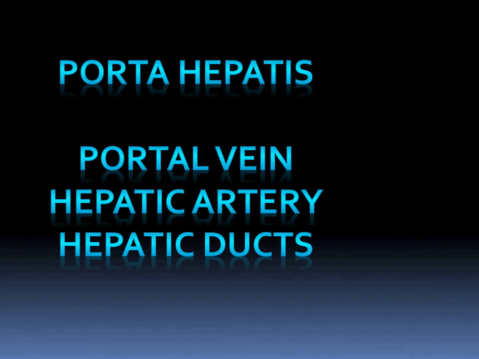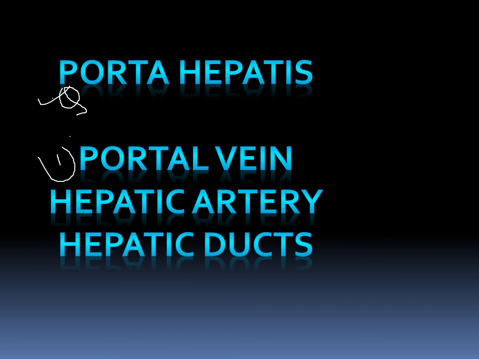Now, another very important part that we have to study is the porta hepatis. Already we have discussed the structure of the porta hepatis, but in this slide we are going to deal with something more, because this is an area from where questions are mostly asked. Point number 1 is the portal vein, that you must know.